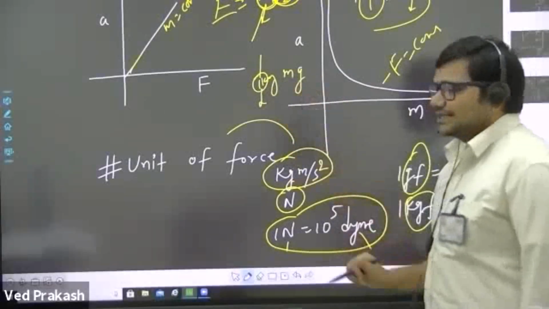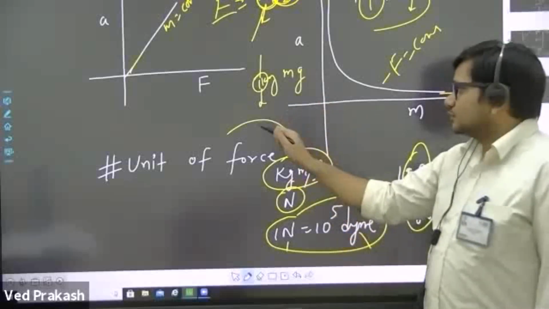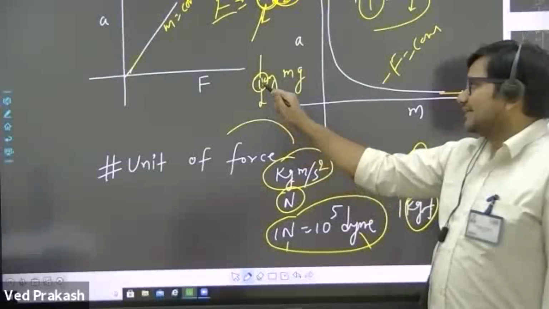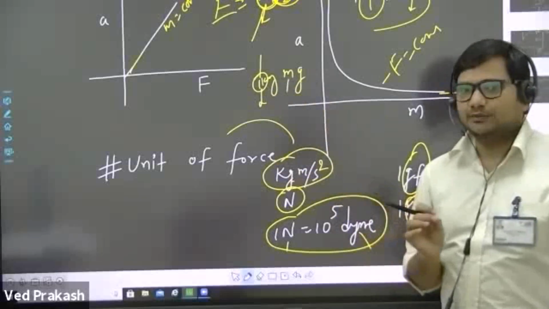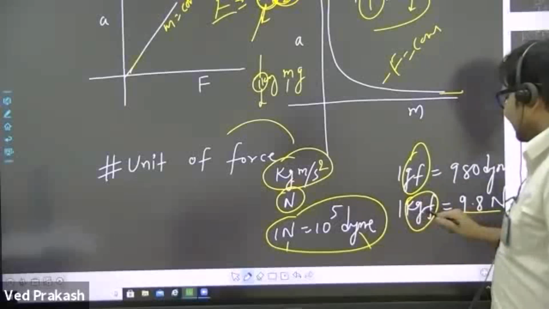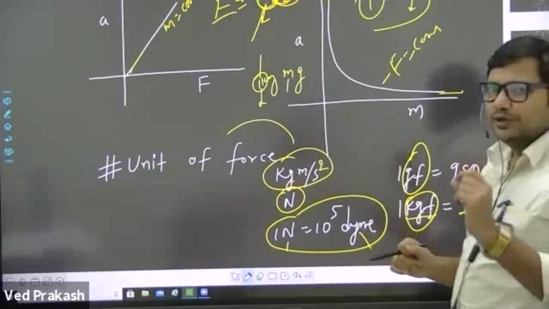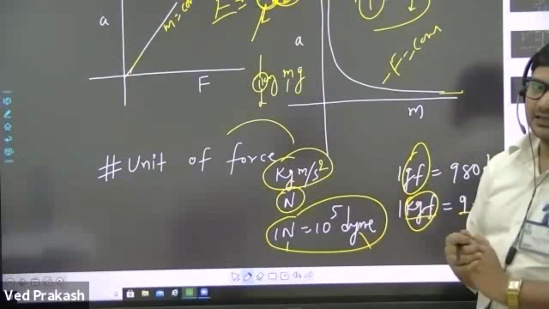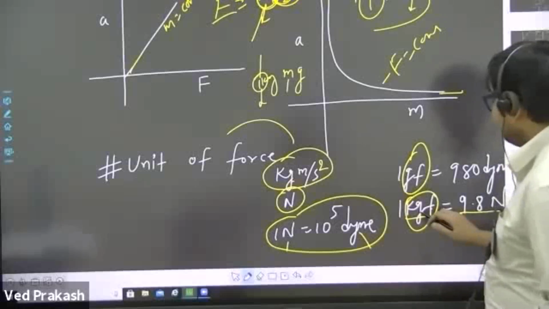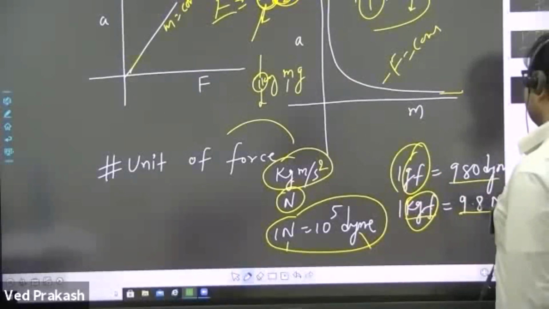If the object has mass 1 kg and the value of g is 9.8, the force of attraction experienced by this block due to Earth is 1 into 9.8, which is 9.8. So kgf is the force experienced by unit mass due to acceleration due to gravity near the Earth's surface. Similarly, in CGS units, 1 gram force equal to 980 dyne.